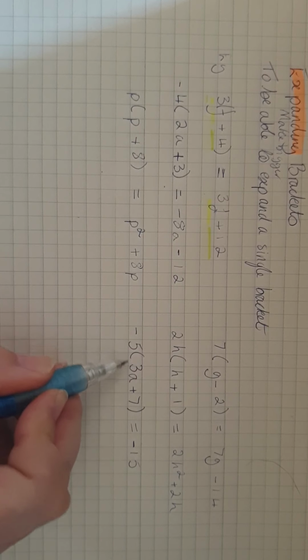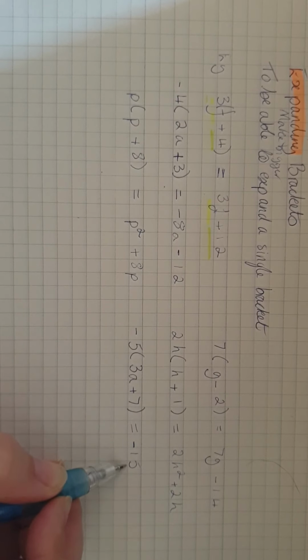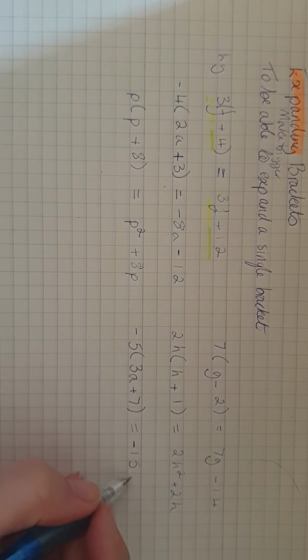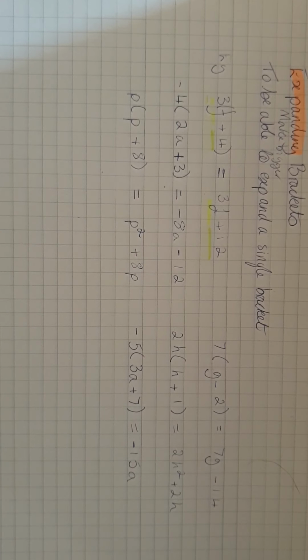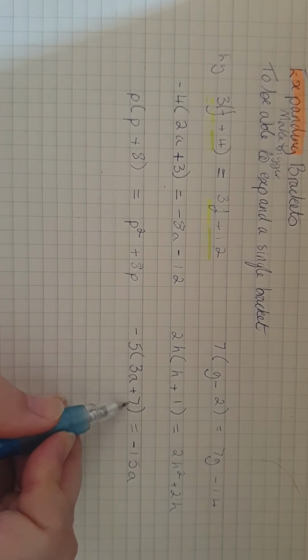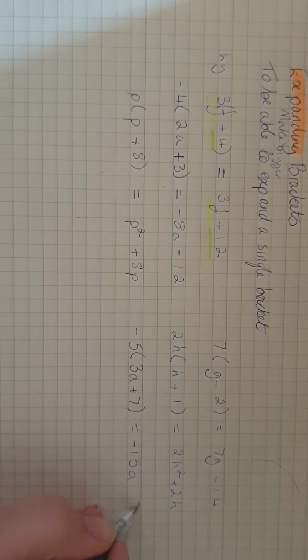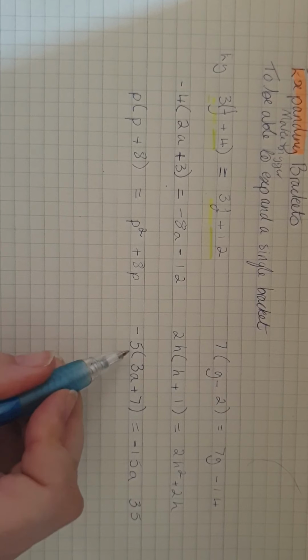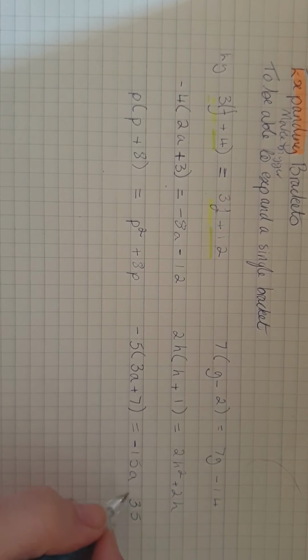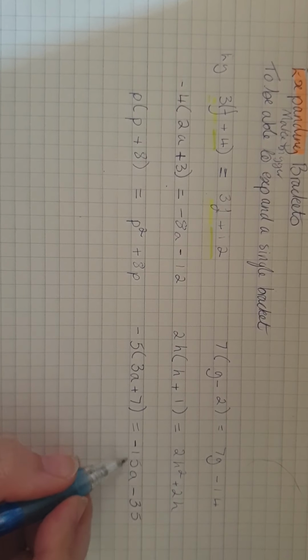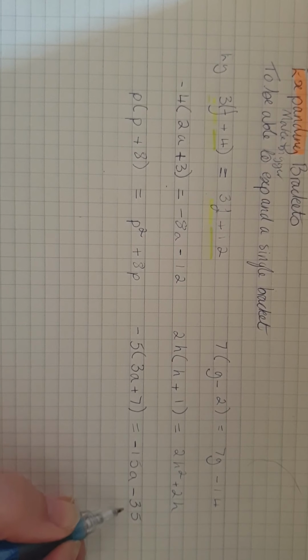So minus 5 times 3a is not just minus 15, it's minus 15a. Minus 5 times 7. 5 times 7 is 35. A negative times a positive is a negative. Minus 15a minus 35.